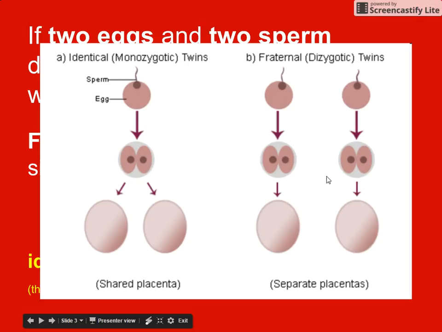So it is not genetically identical. Whereas an identical twin is kind of like nature's version of clones: one egg, one sperm. The zygote splits an extra time, and you have two separate yet identical developing organisms.